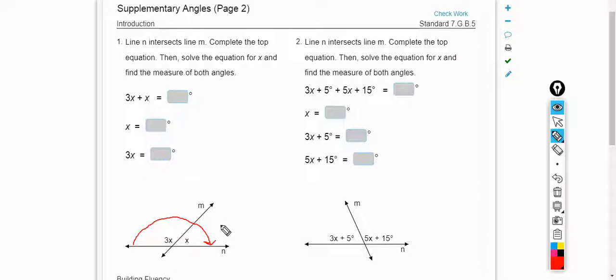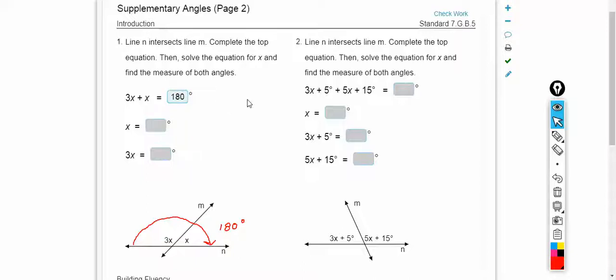Now we know the total angle is 180 degrees. So if we combine 3x plus x, then together they equal how much? 180 degrees. So I'm going to put that there.